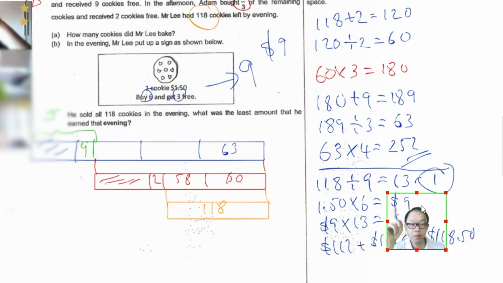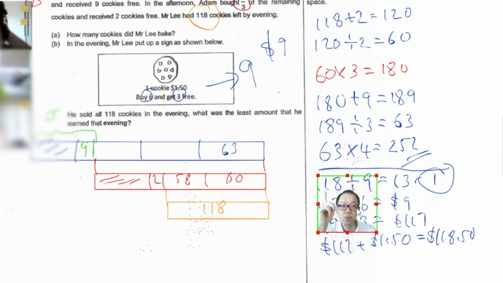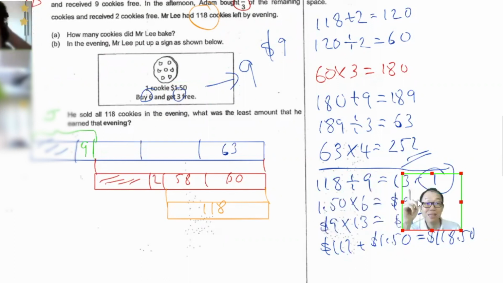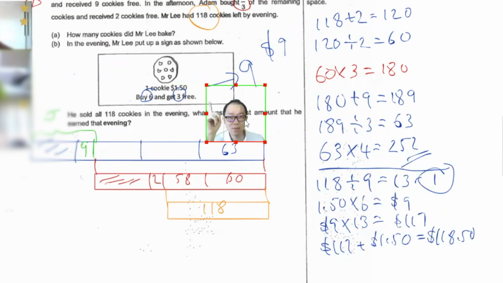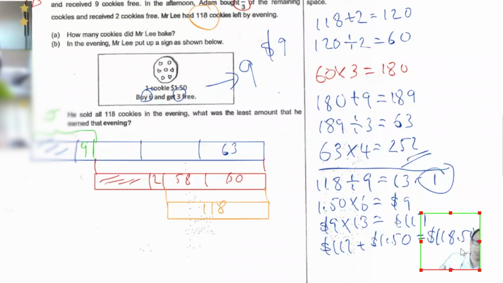Because he has 118 cookies and he's able to get 13 packets of this. But there's one extra cookie which he cannot pack inside the packet. So either he eats or he sells. But he can't eat them, right? Why? Because he sells cookies. He's been selling cookies for 50 years. I'm sure he has eaten a lot of his own cookie, so he doesn't want to eat any more. So he will sell the remainder cookie.